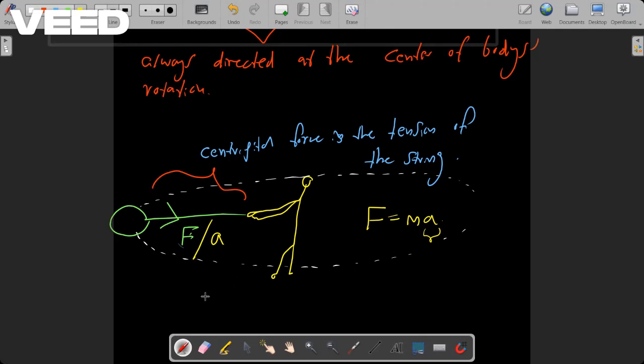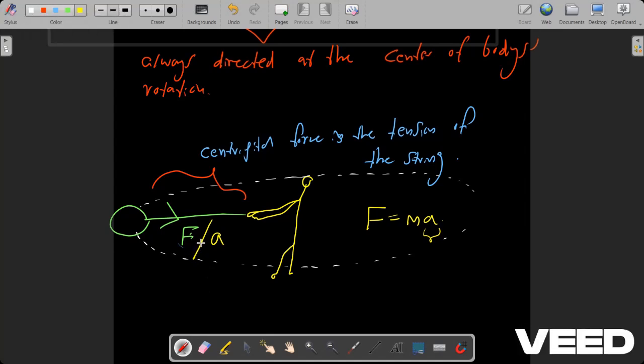That is the acceleration, right? Not with the magnitude of the velocity, but with the direction of the velocity towards the center. That is what we call acceleration towards the center, right? Okay.